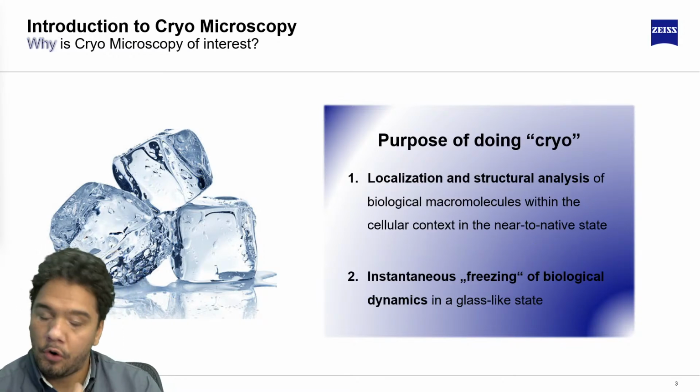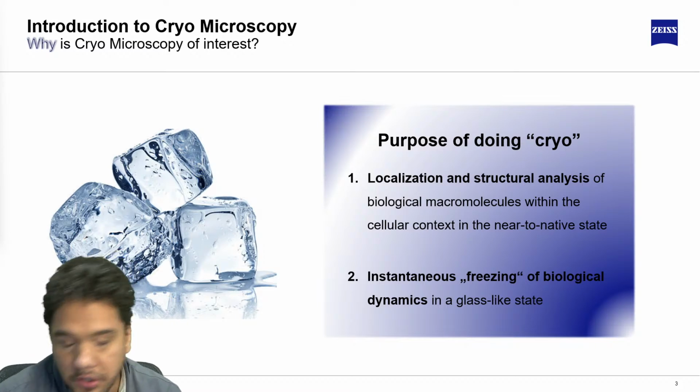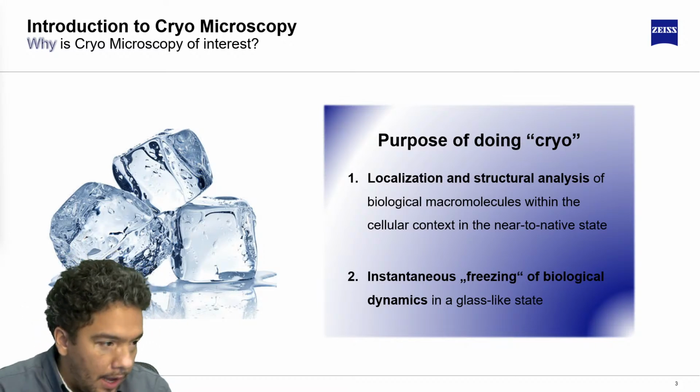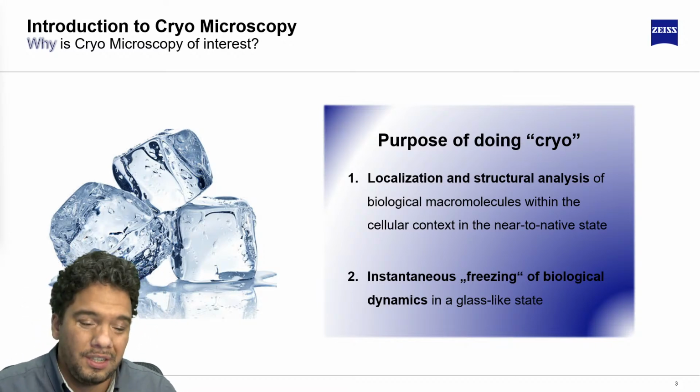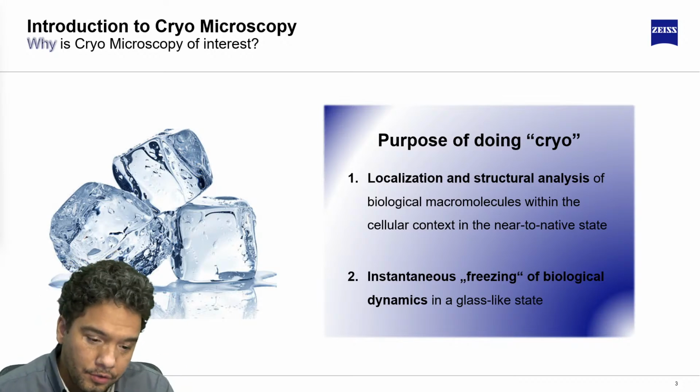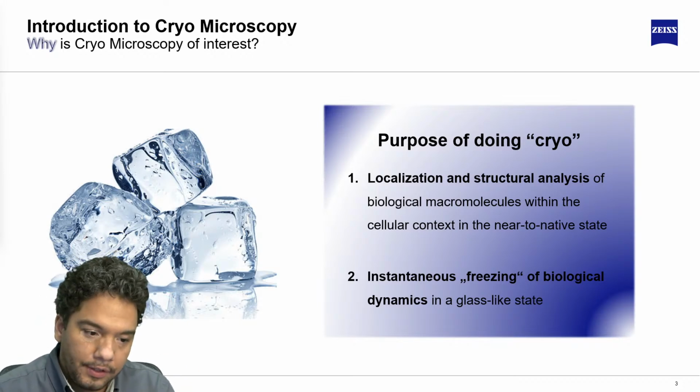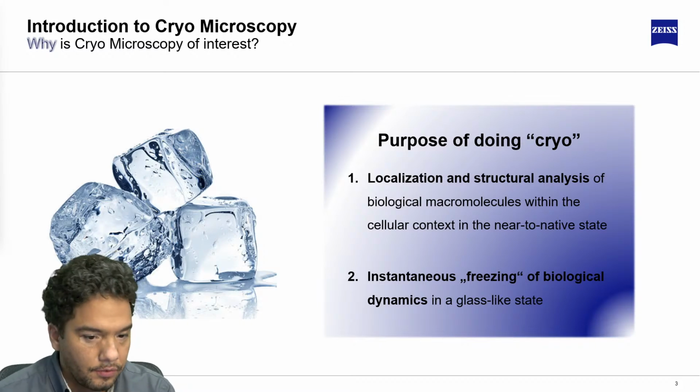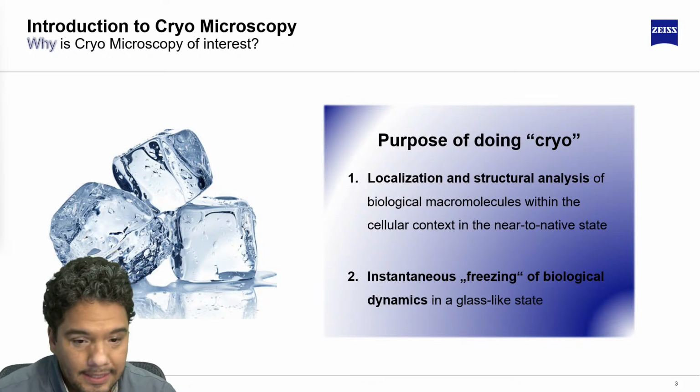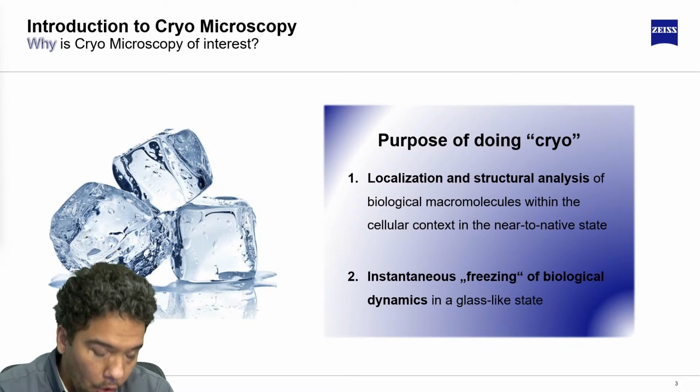The purpose of cryo is localization and structural analysis. If we want to see what the ultrastructure is like and where it is localized, this is the gold standard technique.